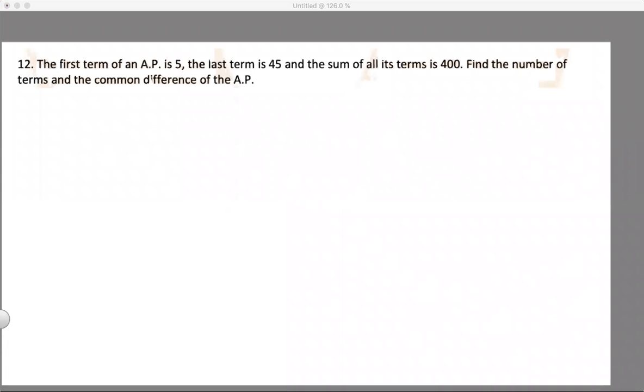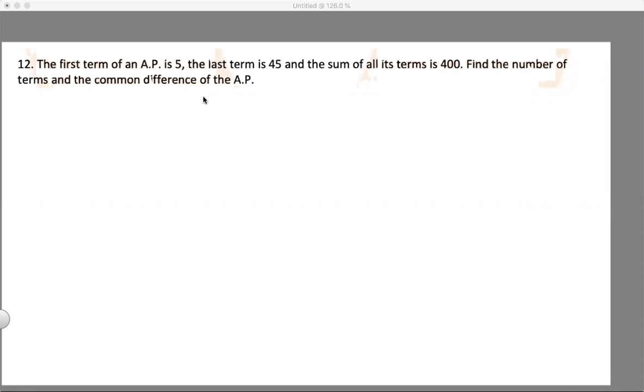The first term of an AP is 5. The last term is 45. And the sum of all its terms is 400. What is the number of terms and the common difference of the AP? Sir, in this we can use the sum formula. How?